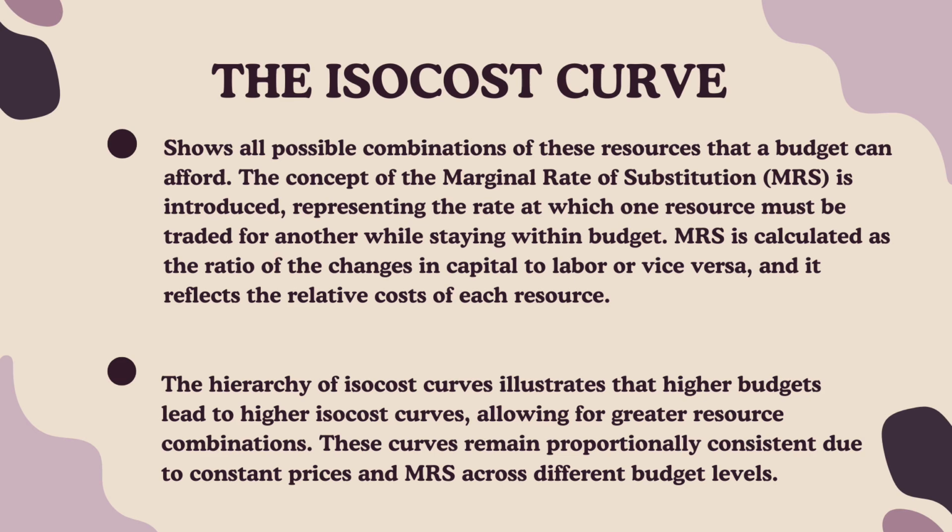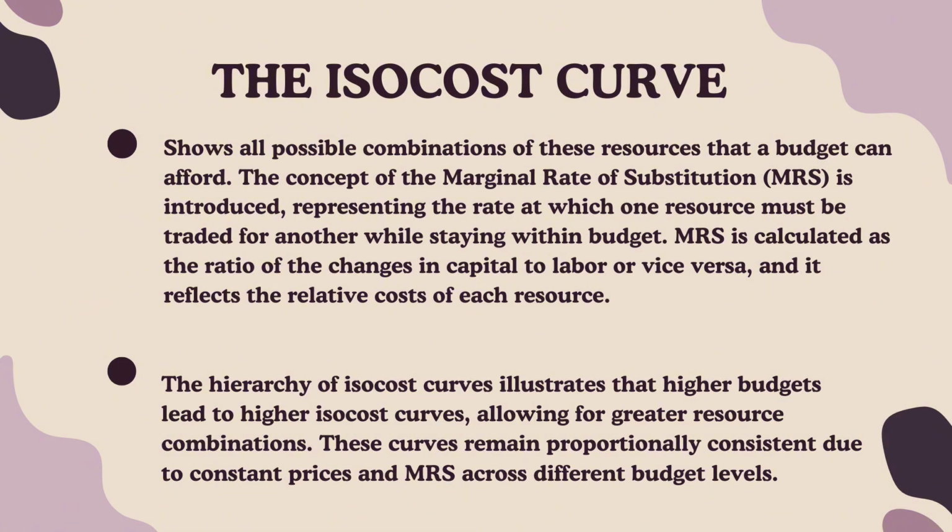The concept of the marginal rate of substitution, or MRS, is introduced, representing the rate at which one resource must be traded for another while staying within budget. MRS is calculated as the ratio of the changes in capital to labor or vice versa, and it reflects the relative cost of each resource.